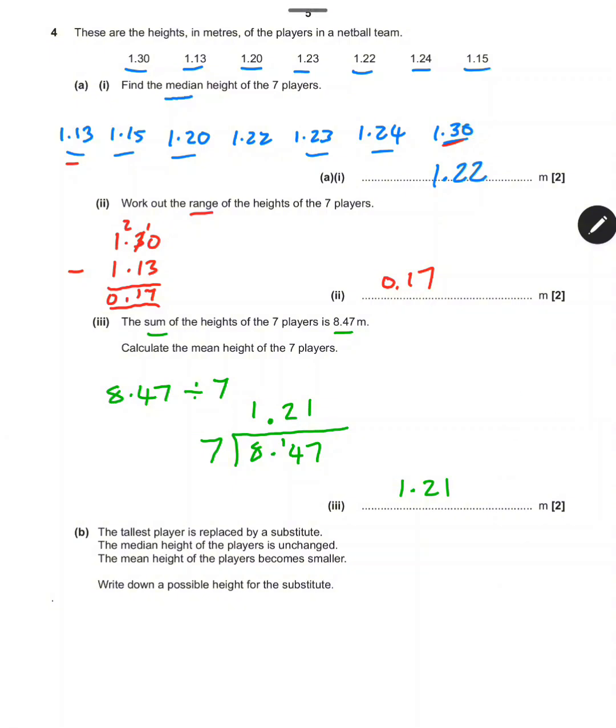And then in the final part of this question, we've got the tallest player is replaced. The median is unchanged. So my middle number needs to stay the same, but the mean height becomes smaller. So if my mean is becoming smaller, this tallest player needs to be replaced by someone that's smaller.